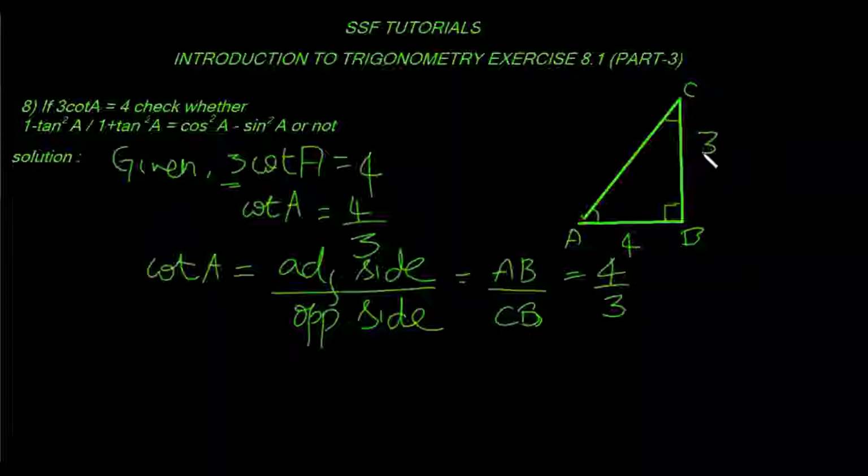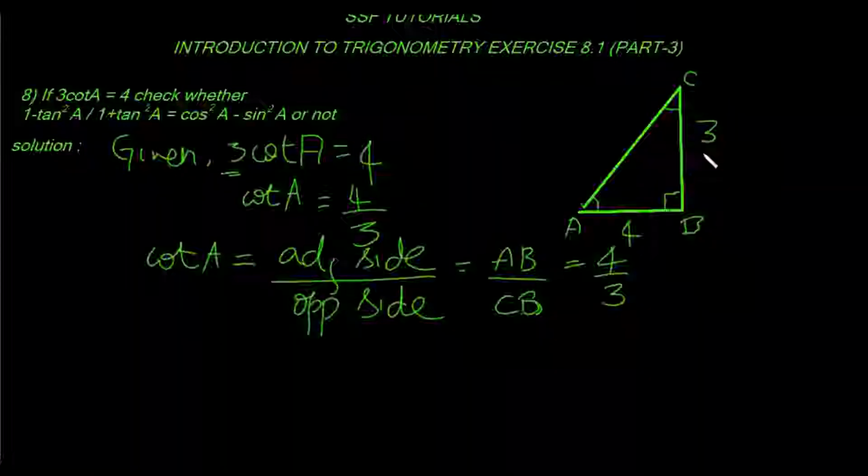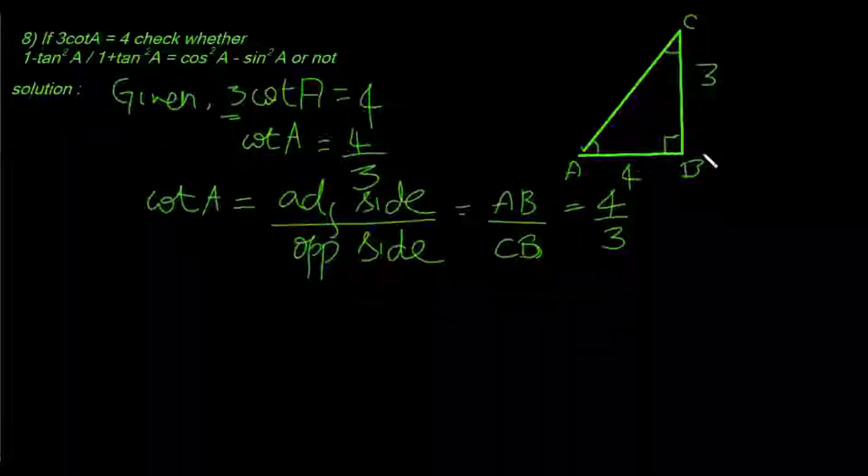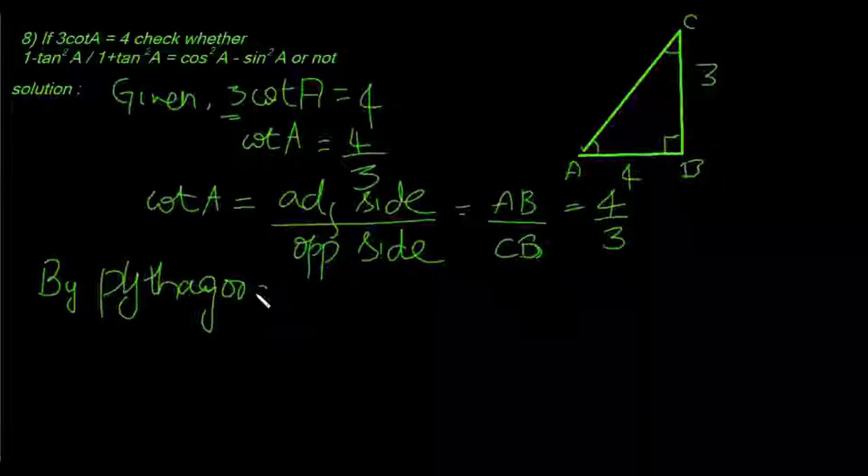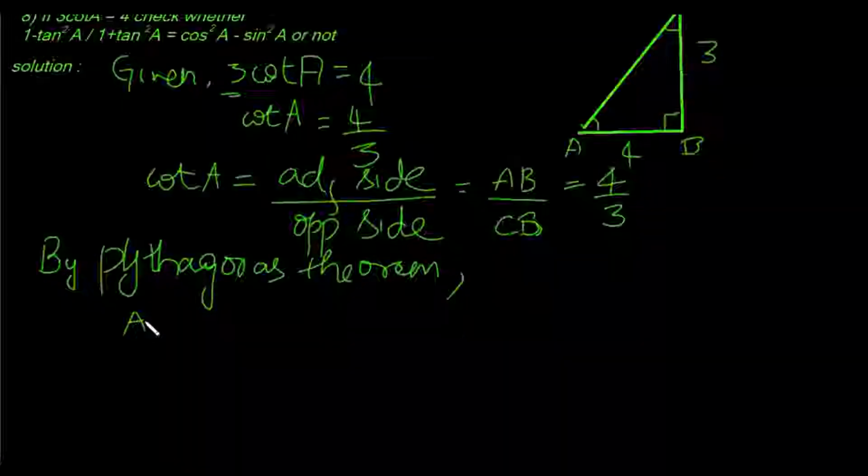We can clearly observe that the hypotenuse is not given, so we have to find it by the Pythagoras theorem. It's going to be AC square, which is the hypotenuse, is equal to AB square plus CB square.